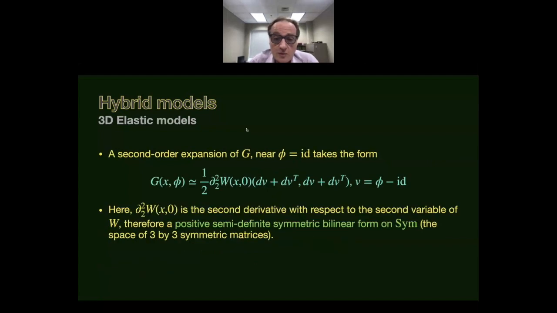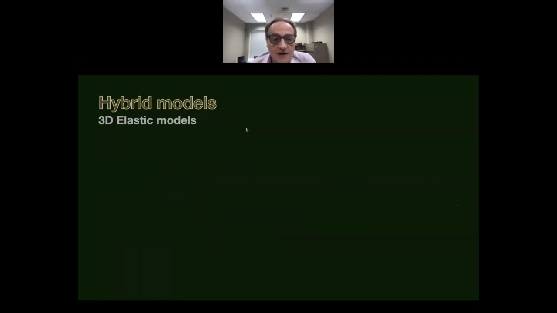And so if you do this first order approximation, you find that this is something that gives you linear elasticity. You find that this depends, with respect to what would be our Eulerian velocity, on something that is a positive semi-definite bilinear form on the set of symmetric matrices, and this is applied to dv plus dv transpose, or dv plus dv transpose over 2 if we prefer.